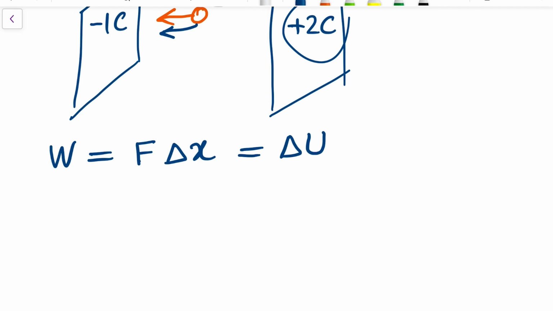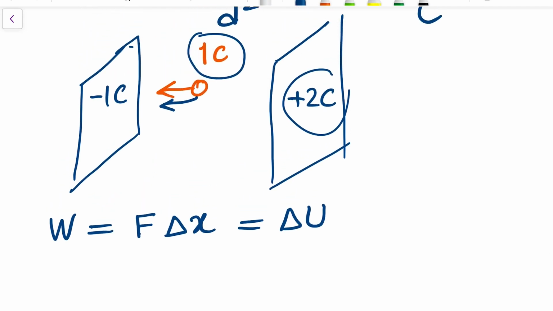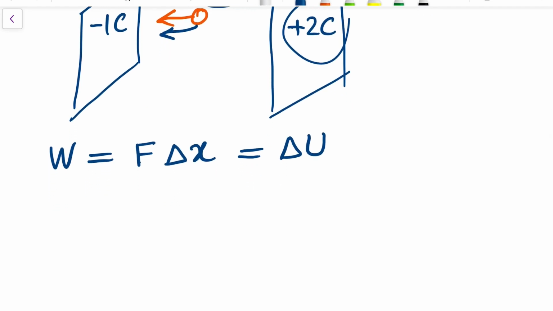So in this problem, when the point charge 1 coulomb is displaced from, for example, the right plate to the left plate, a work equal to F d is done, where d is the distance between these two plates.